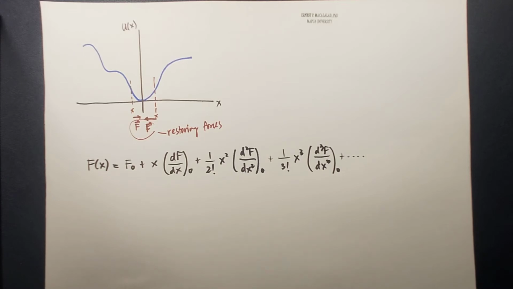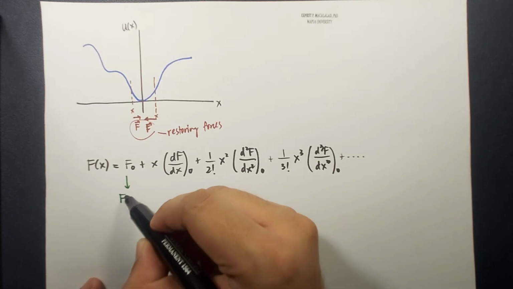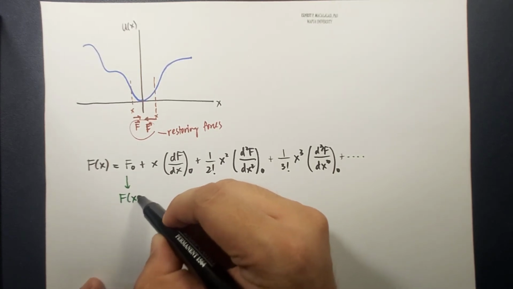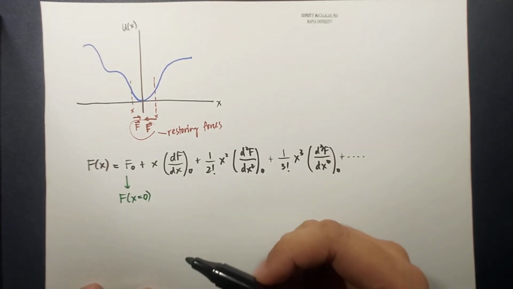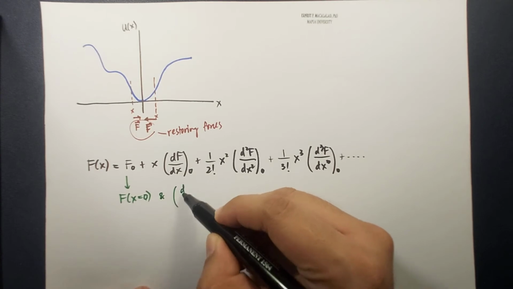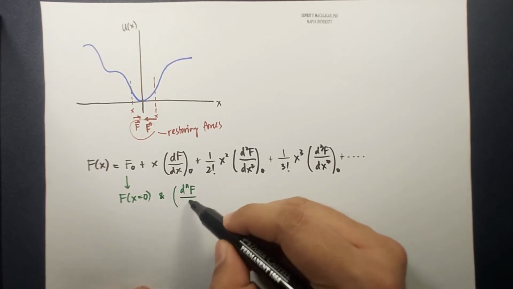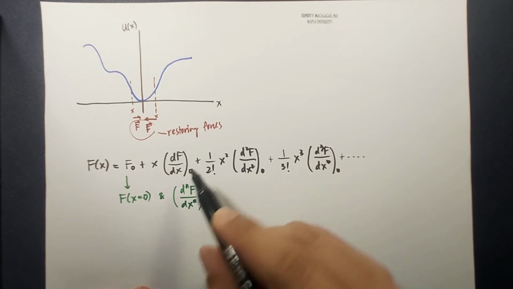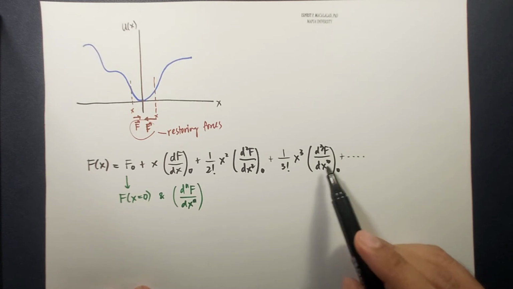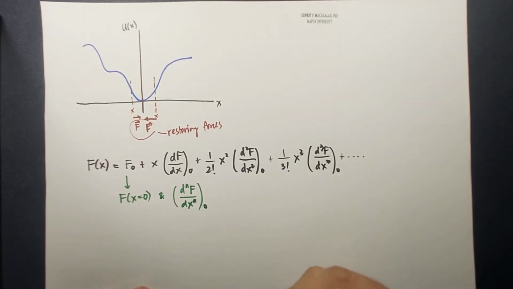In this case, our F naught is the value of your force function at x equal to 0. Also, the nth derivatives, so this is the first, second, and third derivative of F evaluated at the origin.